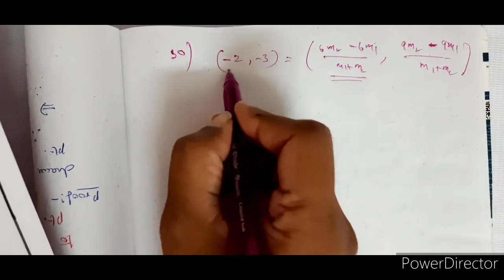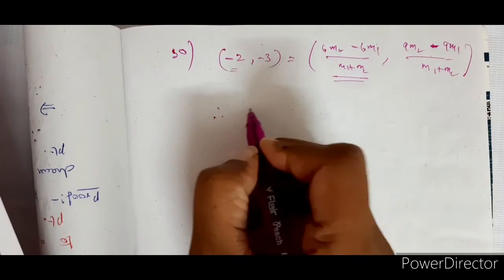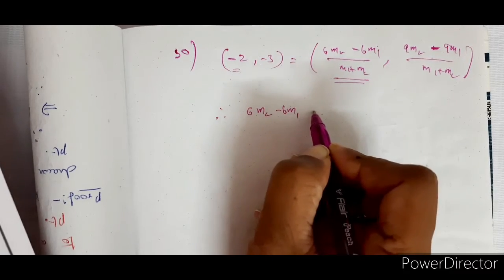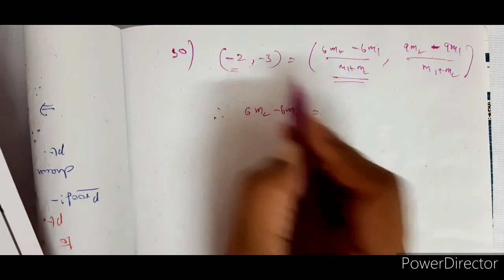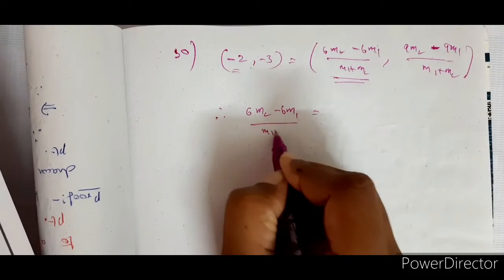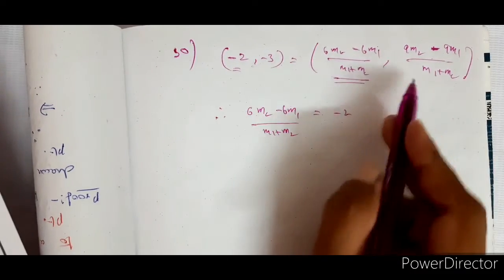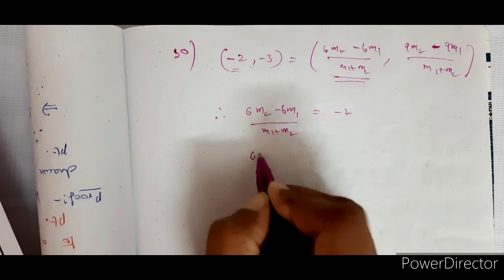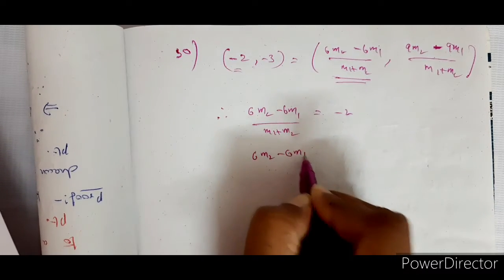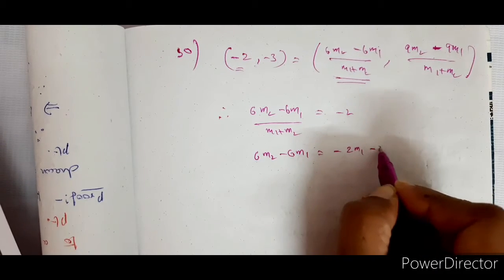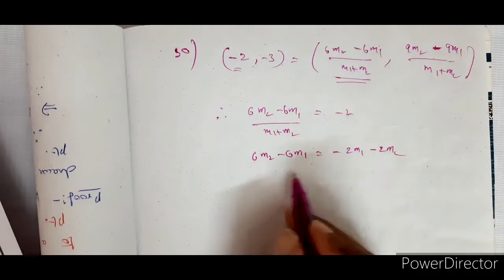Now this has to be equated to this. Therefore 6m2 minus 6m1 by m1 plus m2 is equal to minus 2. For this one I will write all the steps and the next one you can do it. Now 6m2 minus 6m1 is equal to minus 2m1 minus 2m2 by cross multiplication.